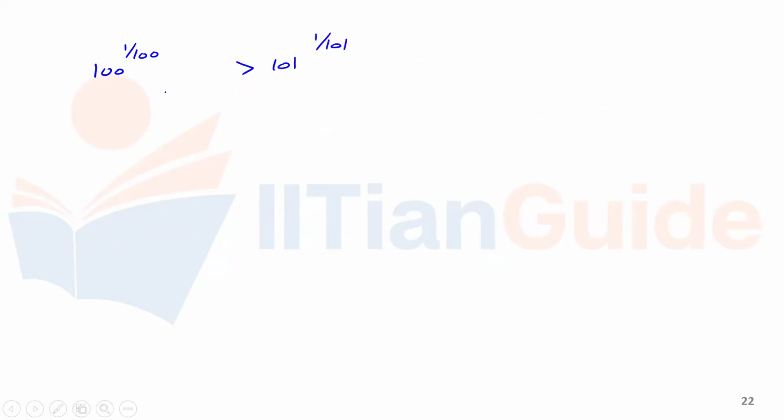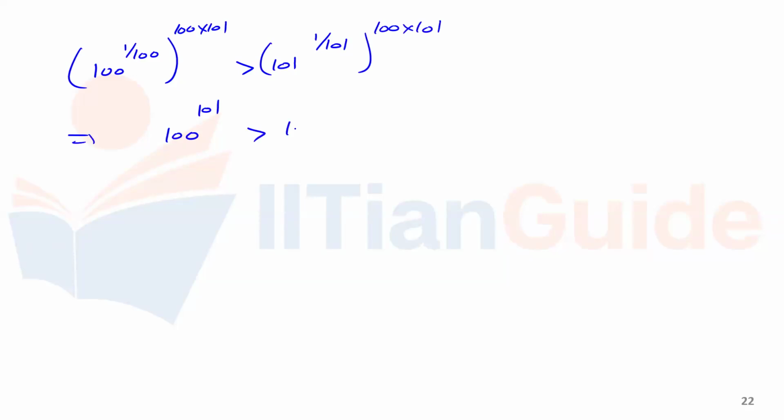Now I will raise both terms to the power 100 into 101. If I simplify this, I am getting 100 power 101 would be greater than 101 power 100. Got it? Say it quickly. Yes, sir.